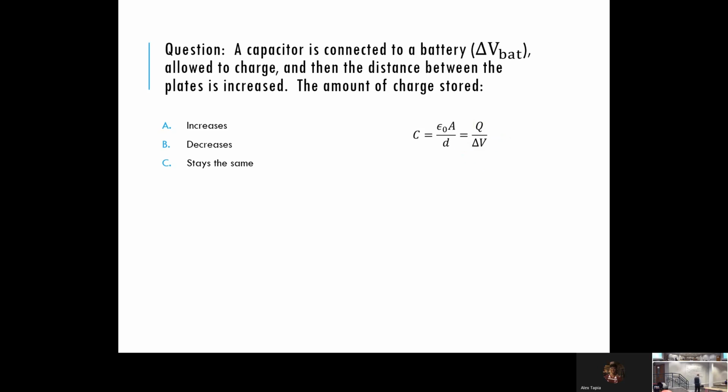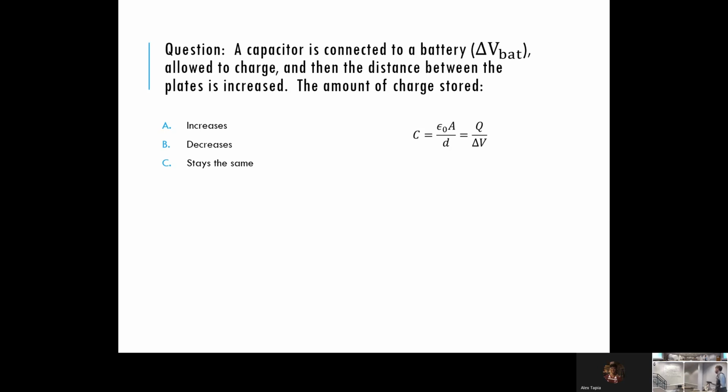Sorry, I don't understand how the electric potential can stay the same and the distance change. Yeah, this goes into the next question, actually.